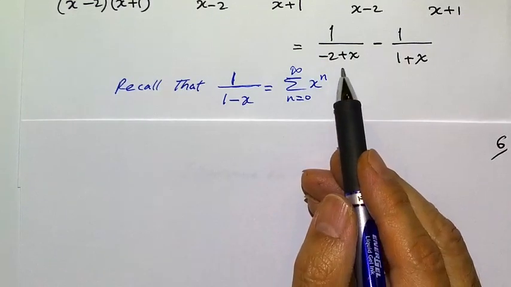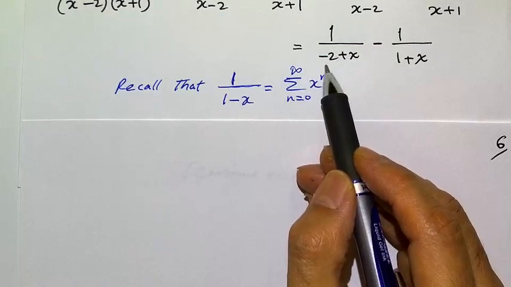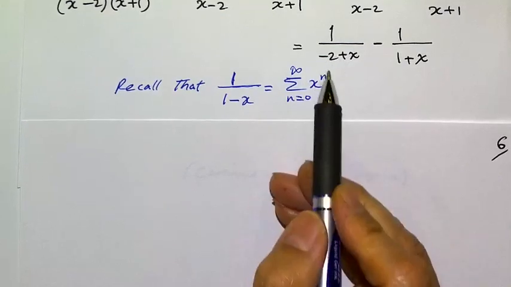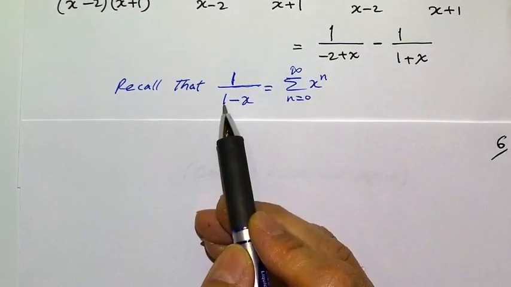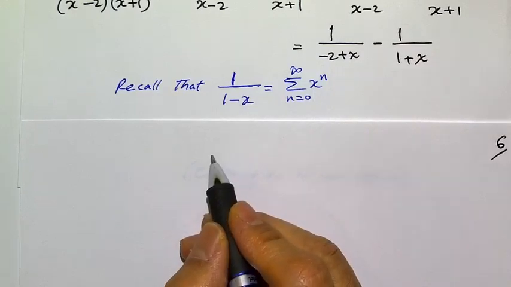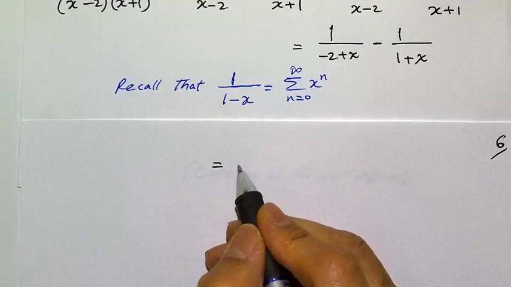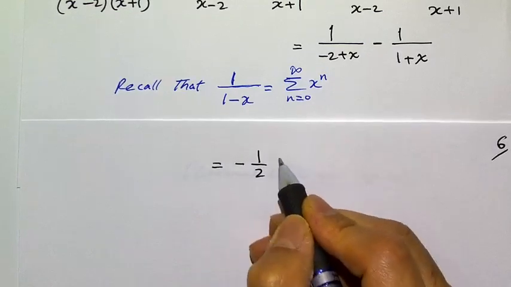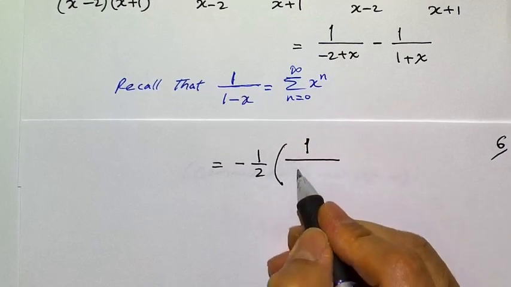Okay, so for this one, all we have to do is factor out minus 1/2 because we want to get a 1. We already have 1 in the numerator. We want a 1 in that as the first number. So let us factor minus 1/2. So we have minus 1/2 times 1 over 1.